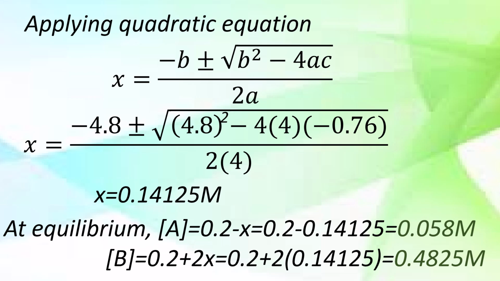In the same way, concentration of B at equilibrium is 0.2 plus 2x, which is 0.2 plus 2 times the value of x, 0.14125. Answer comes 0.4825 molar. So at equilibrium, concentration of A is calculated to be 0.058 molar. Concentration of B at equilibrium is calculated to be 0.4825 molar.